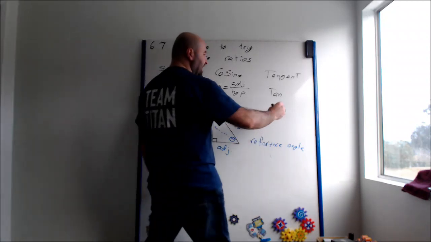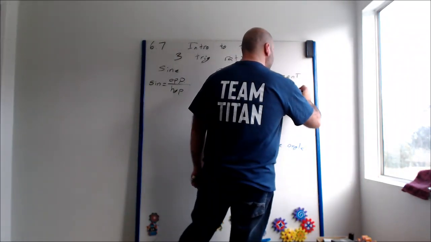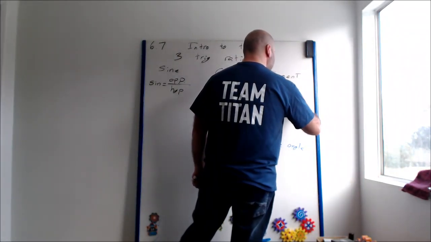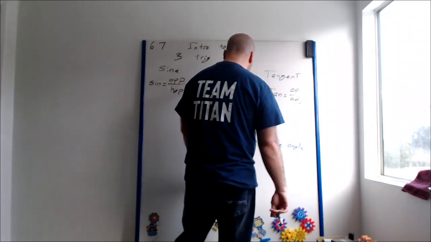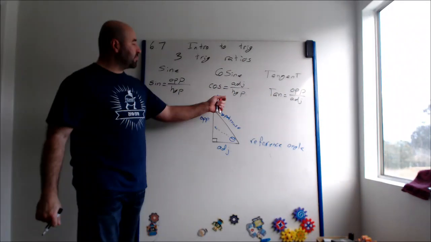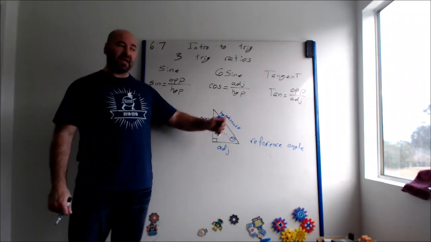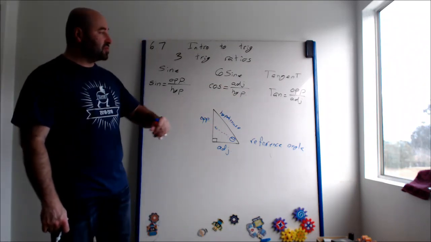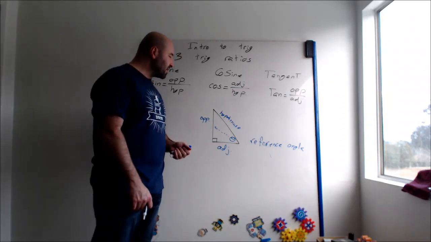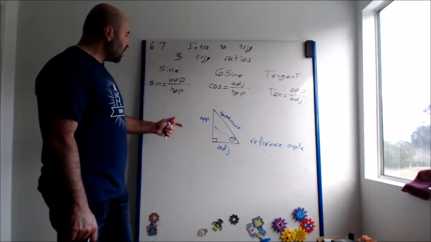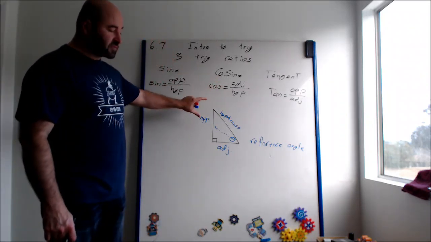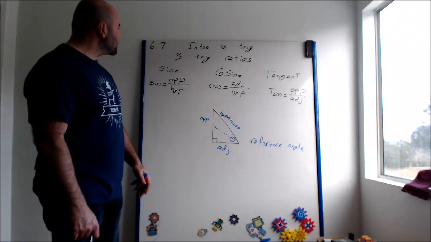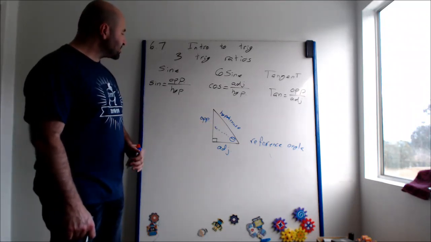Tangent is going to be the side opposite over adjacent. So sine and cosine both use the hypotenuse as the denominator. Tangent does not. Tangent doesn't even use the hypotenuse at all whatsoever. So that's the three trig ratios in relation to our reference angle and our right triangle.